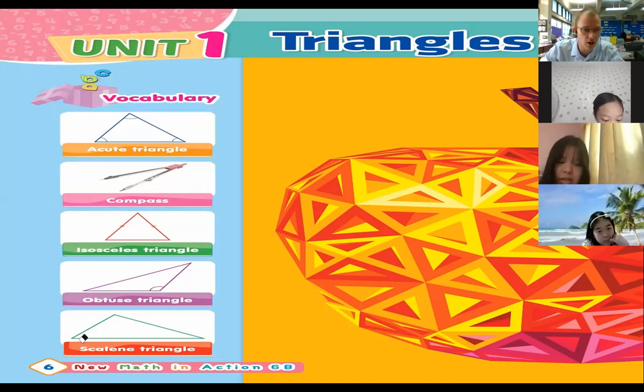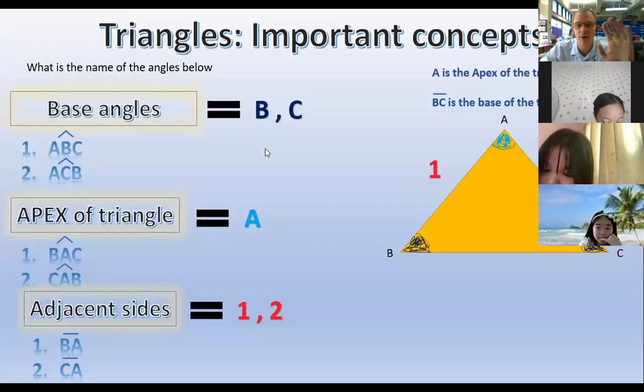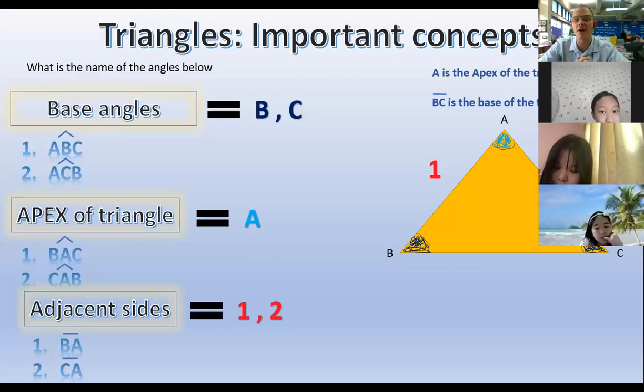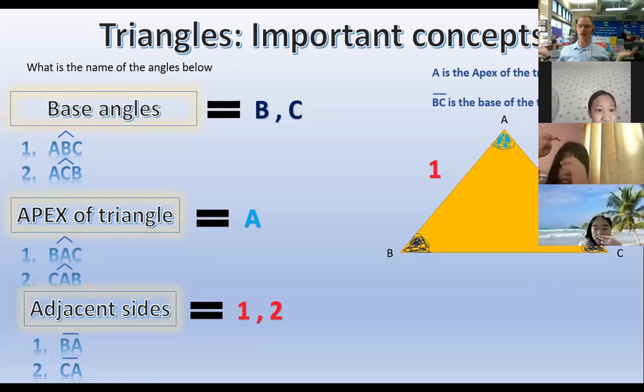So when we start off with triangles, I just want to go through a couple of things first. Just some important things we have to look at when we talk about triangles, especially when we look at some of the angles and some of the sides of the triangle. How do we know what is what?